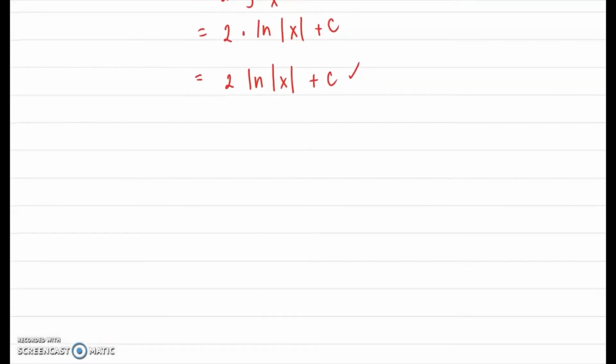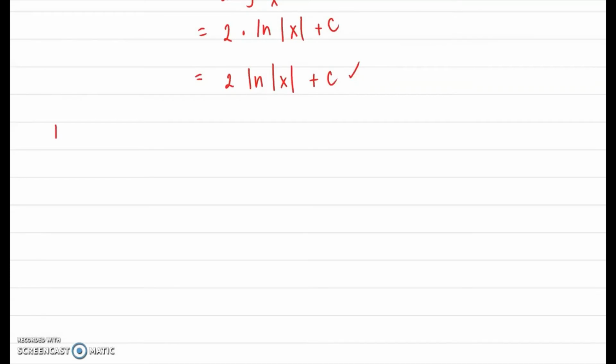Another example, we have the integral of 3 over x with respect to x. We rewrite that as 3 times the integral of 1 over x with respect to x.